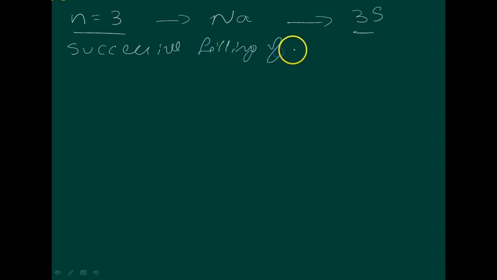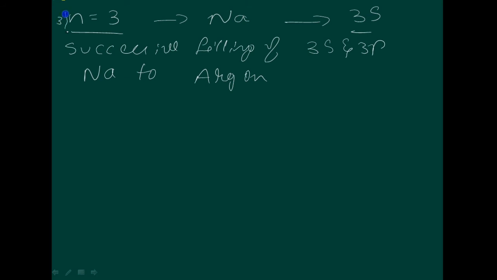Successive filling of 3s and 3p orbitals gives rise to the third period of 8 elements, from sodium to argon. So this is the third period.